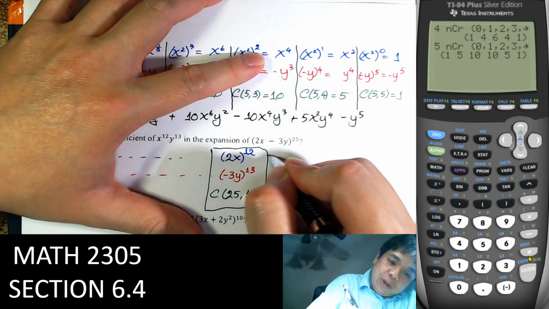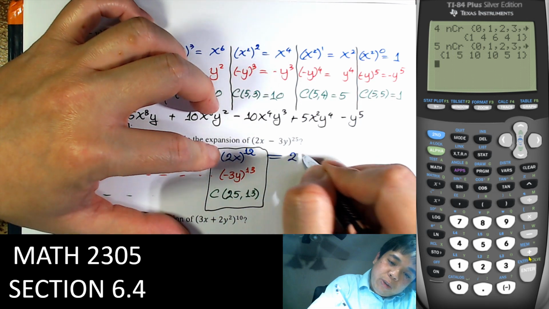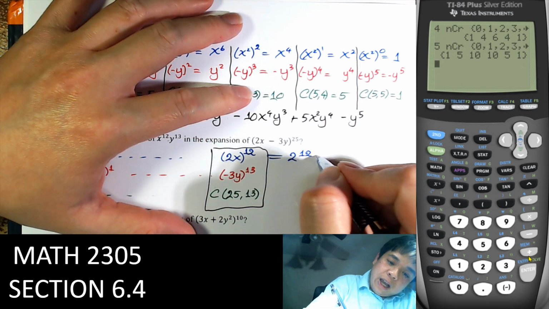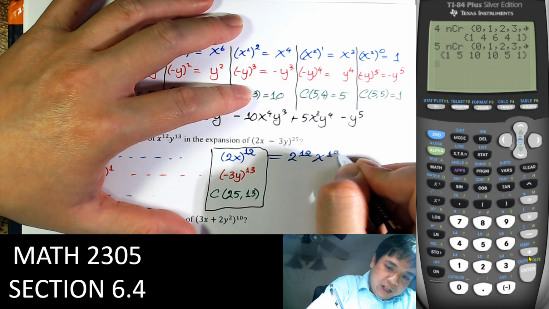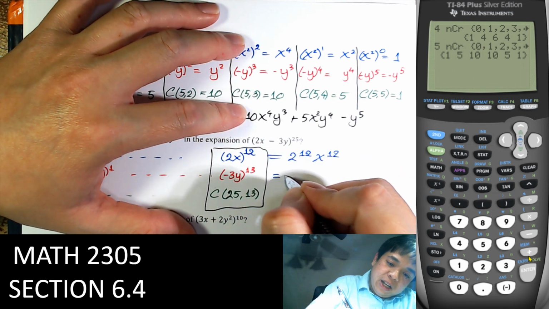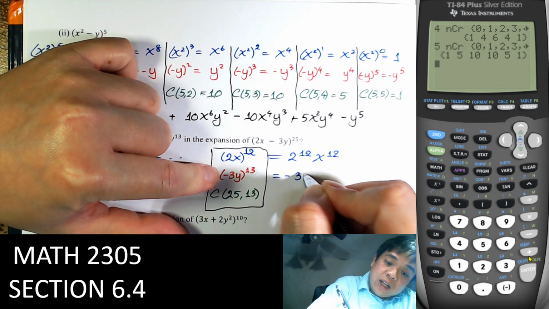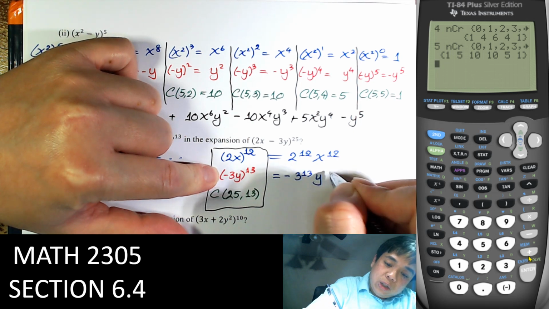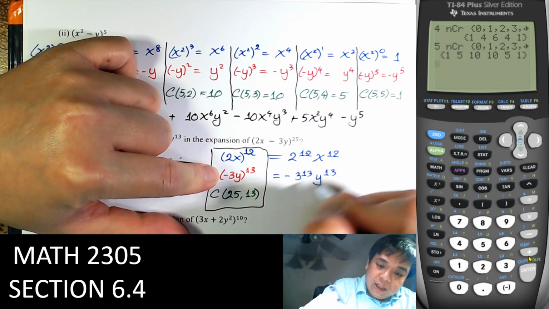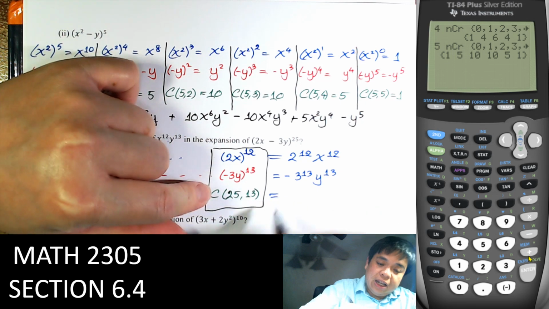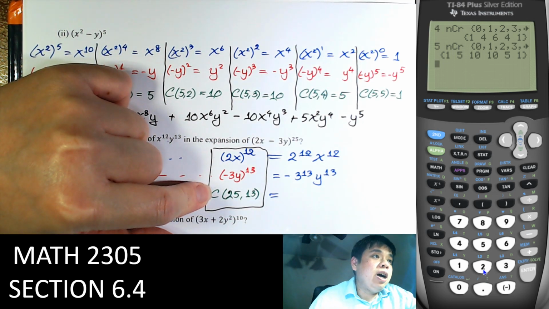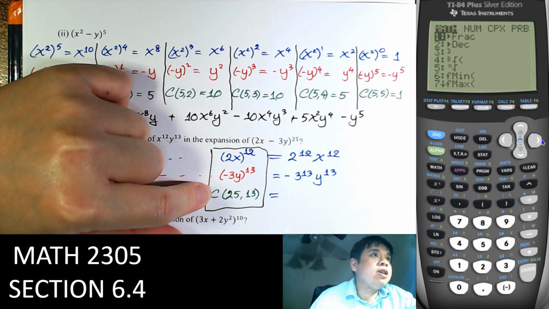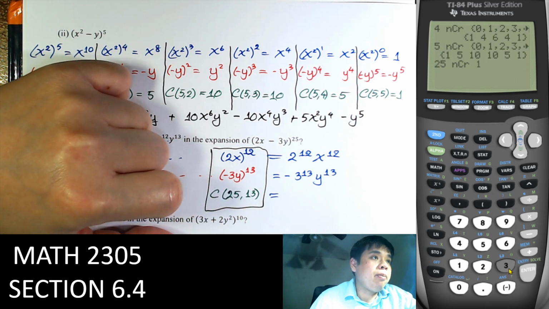Right, so this is equal to 2 to the 12 power x to the 12. And this is negative 3 to the 13 power y to the 13. And C 25 13, there's 25 objects, and we select 13 of them.